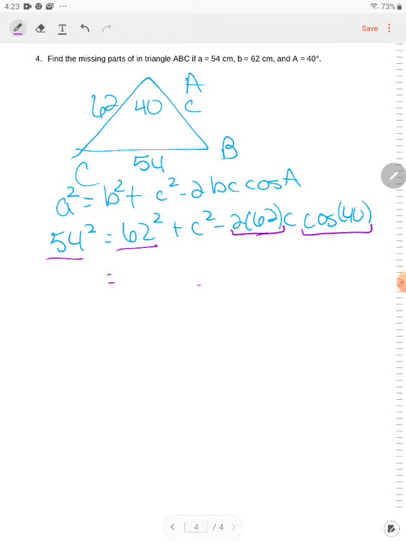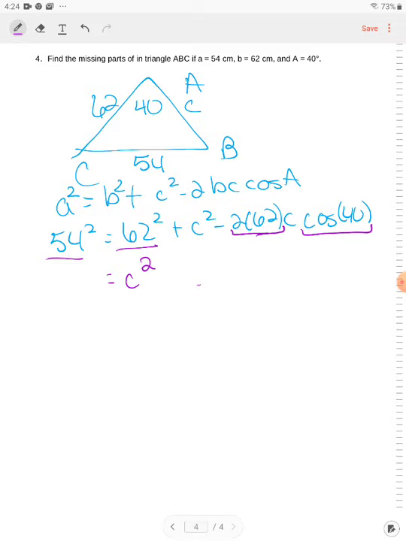So here's what's going to happen. This is going to become a quadratic. So it becomes C squared. Okay, so 2 times 62 times cosine of 40. Now, here's part of our problem. We might run into a little bit of rounding errors here.